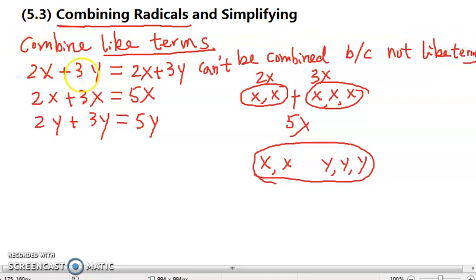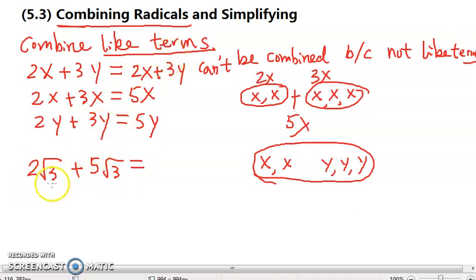In order to add variables, they must be the same variable, the same thing, that we call like terms. So similarly, combining radicals, you must have the same radical. For example, we could have 2 radical 3 plus maybe 5 radical 3, and radical 3 and radical 3, we treat the radicals like a variable.